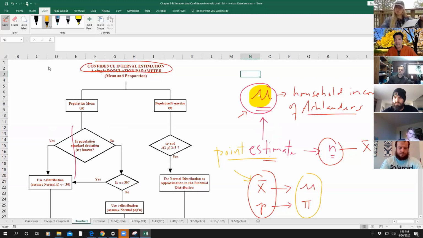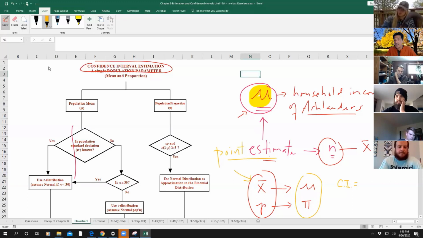But in estimation, we don't necessarily rely on point estimate only, but rather what we do in estimation is we compute what is known as a confidence interval estimate. Okay, an interval estimate.